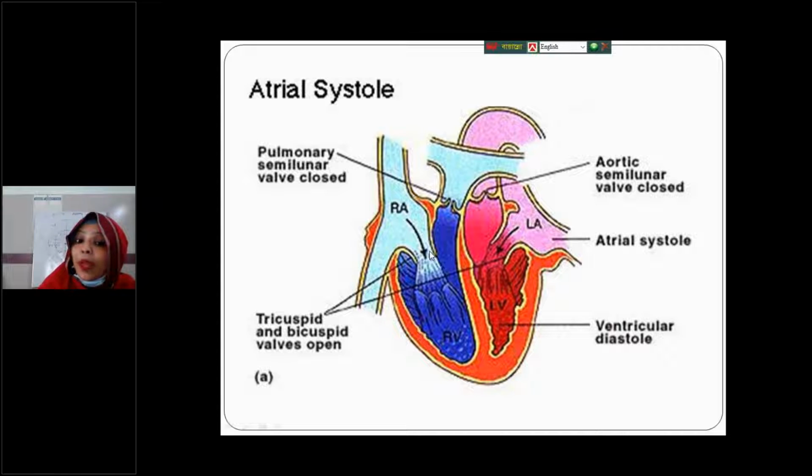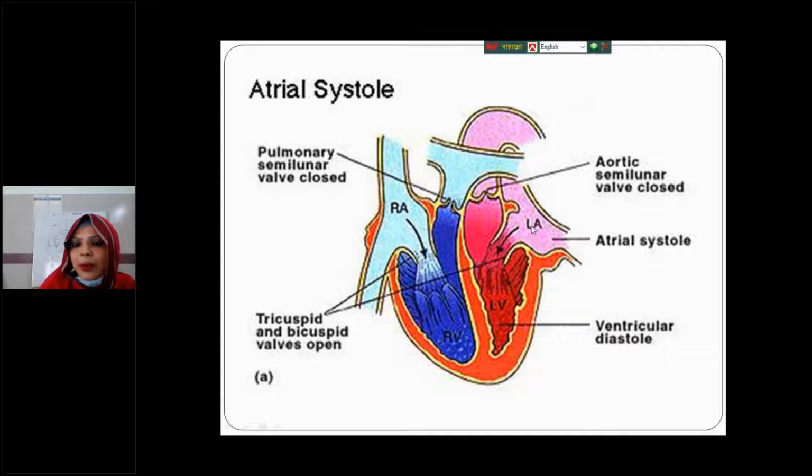This valve opens when atrial systole occurs, and they push blood from the right atrium to the right ventricle. Again here, from the left atrium, blood is pushed towards the left ventricle through opening of the mitral valve, that is the bicuspid valve or mitral valve.